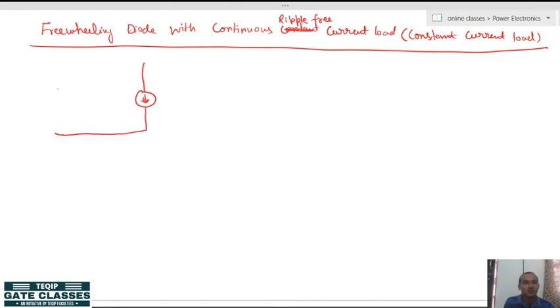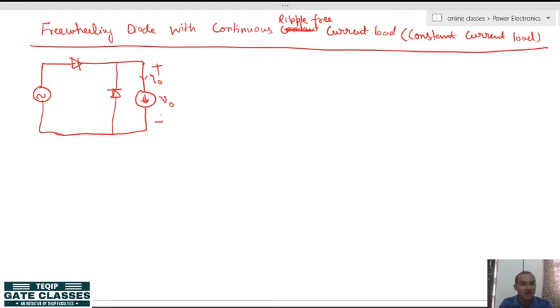All right. So, now let us study this. This is our main diode and this is our freewheeling diode. Let us say this is my output voltage, this is my output current, since it is a continuous ripple free current or constant current.